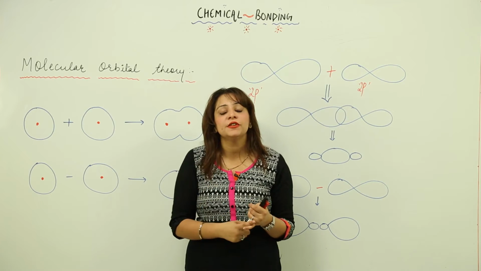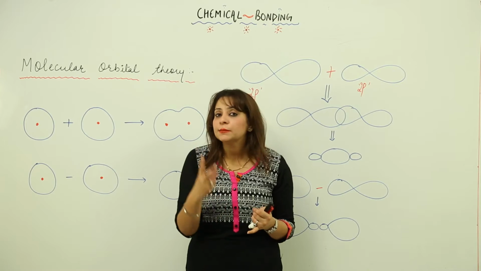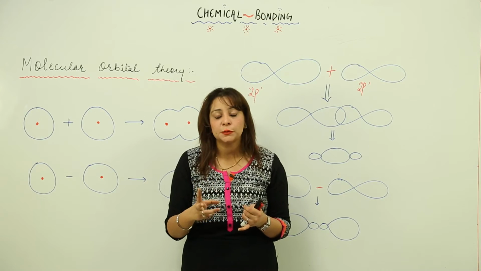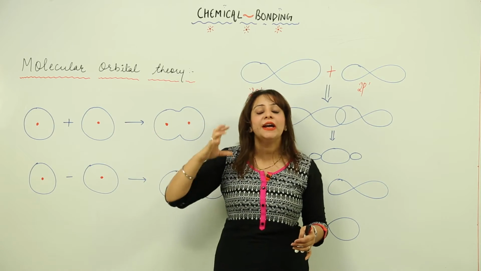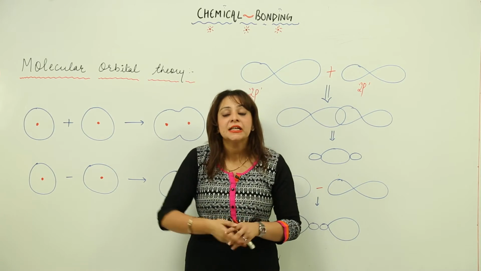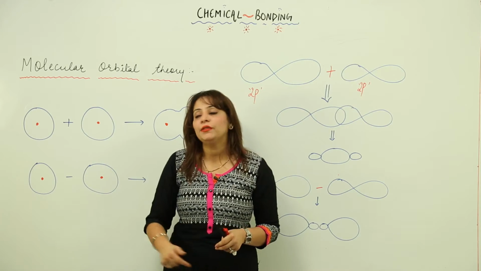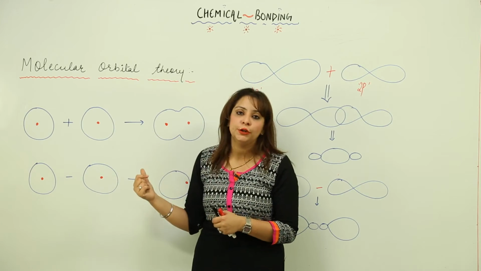Third, Pauli's exclusion principle: an orbital can accommodate a maximum of 2 electrons and they must be of opposite spin. All these three rules which we followed in atomic structure while writing the configuration for atomic orbitals, we will follow when writing the configuration for molecular orbitals.